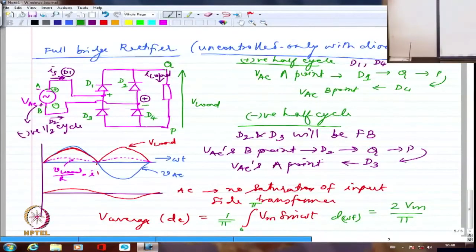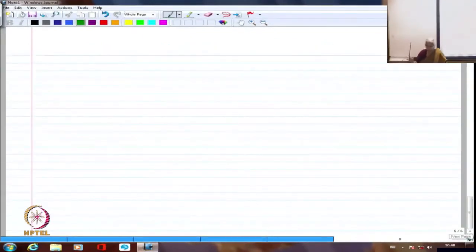What happens when I replace this resistance by an RL load? Right? So let us say I am going to have again a full bridge rectifier uncontrolled, and I am going to have RL load.